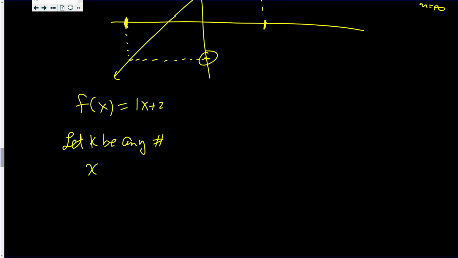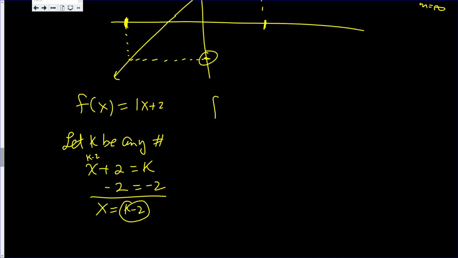So I want to know when x plus 2 is k. Well, of course, if you let x be 2 less, it'll work. But to formally see it, let's take away 2. Okay. I claim that when x is k minus 2, I will get back k.